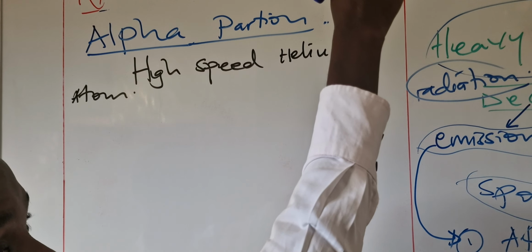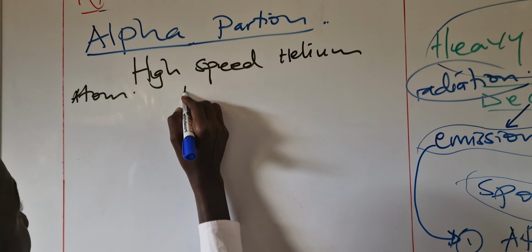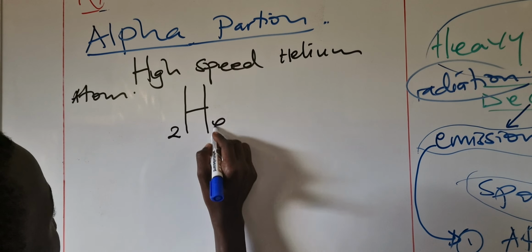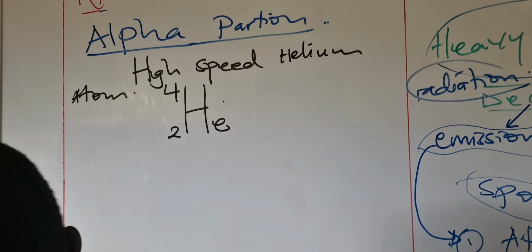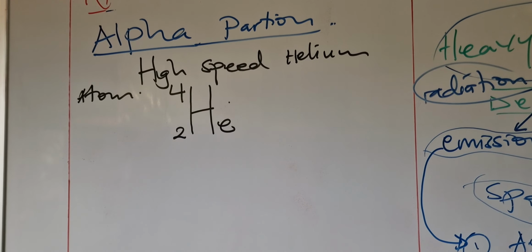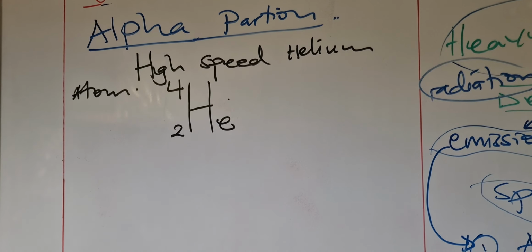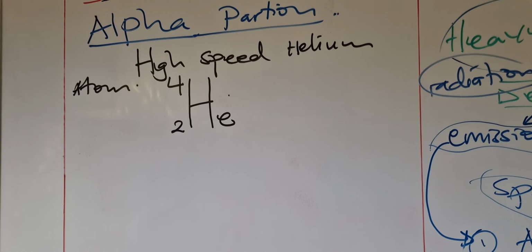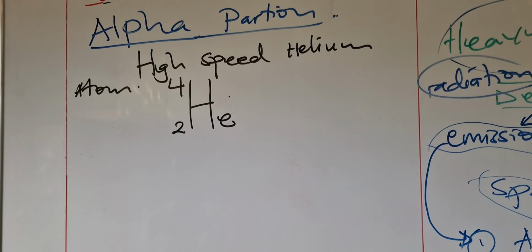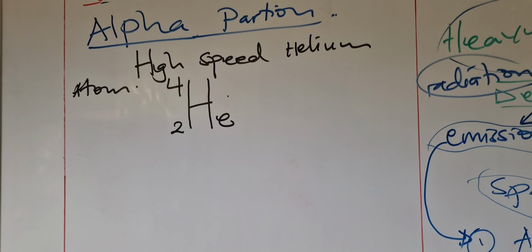And the alpha particle will always be represented as this. So the moment any atom decays with emission of an alpha particle, it will always emit a helium atom.